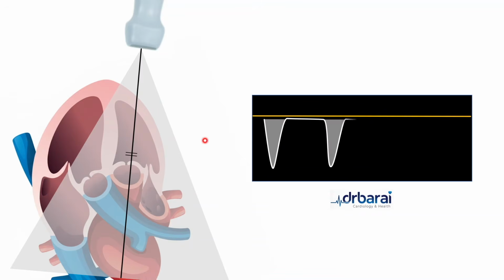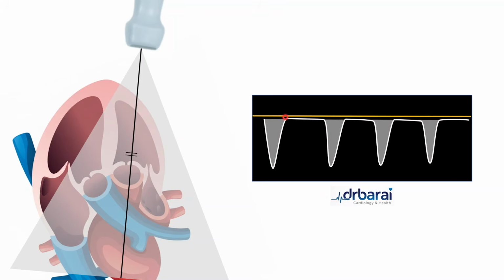The next thing we need to do is press the freeze button, and then in the ultrasound machine we have got the finger painting and tracing device, and we can trace from here all the way to the bottom and then go up and finish it here.